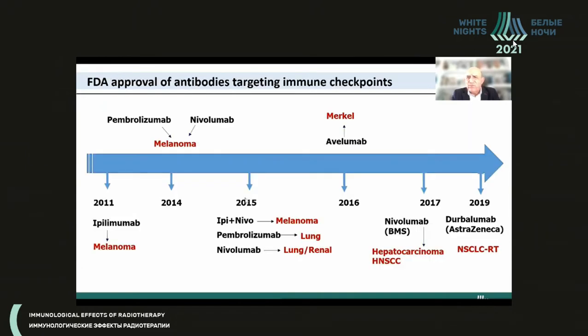Immunotherapy has gone through an unprecedented development through the last years. The overall picture of cancer immunotherapy is extremely optimistic since translational and clinical research are progressing fast as well. As you may observe in this slide, during the last 10 years, there have been more than 20 approvals in different indications for immunotherapy agents.